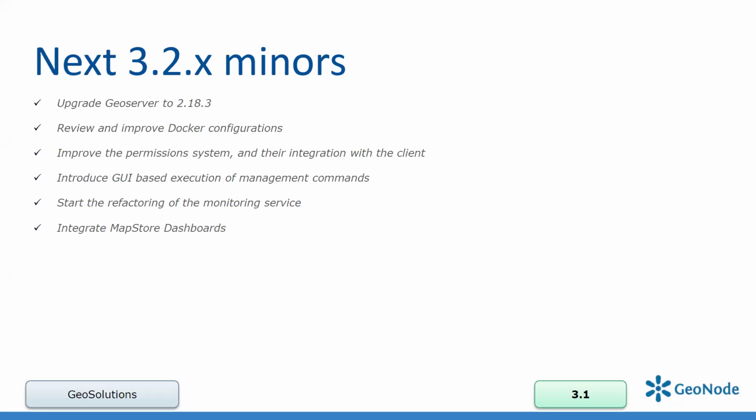We want to review and refactor the monitoring service because at the moment it is not working as robustly as we want, and it's quite heavy on the resources of the system because it continuously polls the DB and analyzes the GeoServer streams and so on.